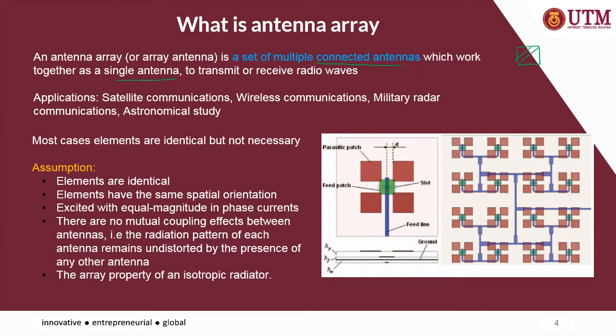This is called a single element, and then more than one element are combined, in series or in parallel to each other, depending on the targeted frequencies, directivity, gain, and etc. Right, so once these elements combine together, it forms a new antenna, and now it becomes a single antenna array, which consists of multiple elements.